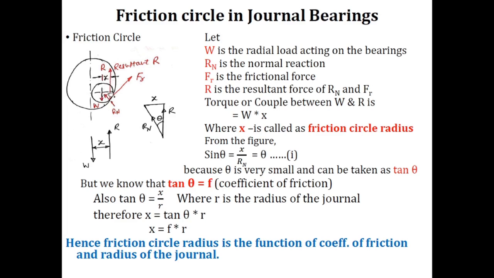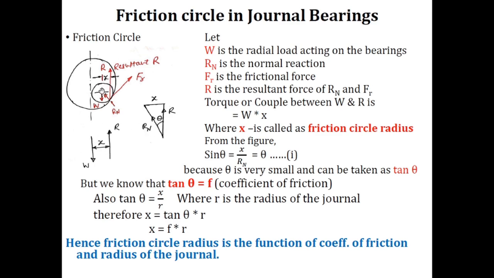So taking this radius, if you draw a circle which will be smaller than this journal, it can be called a friction circle. So to find out the function on which this radius of friction circle depends, that we will now see.